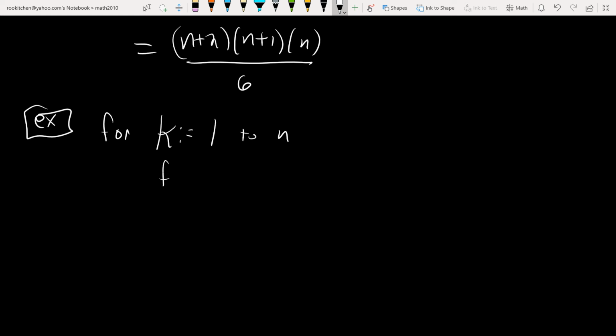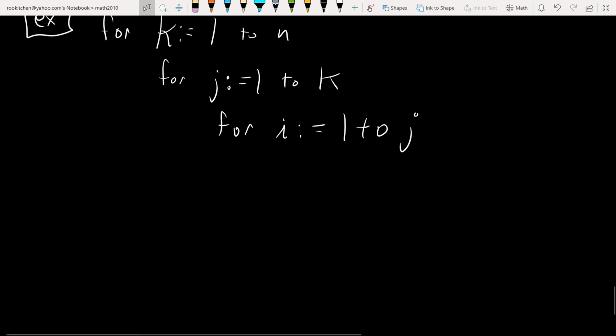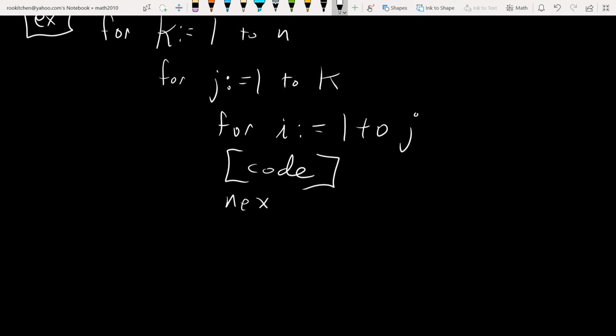And then the next inner loop, j will go from 1 to k, and then the next inner loop for i going from 1 to j. And then it executes some code, and then it jumps out, right? So next i, next j, and then next k.